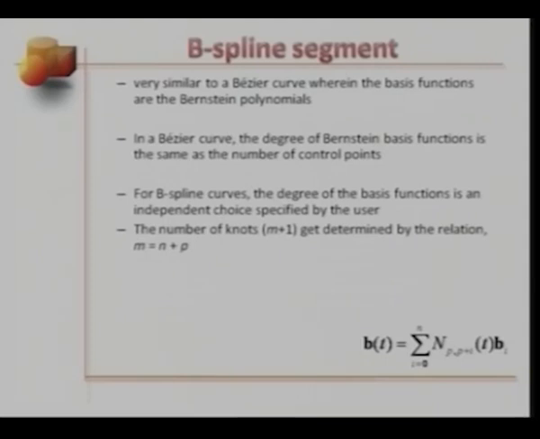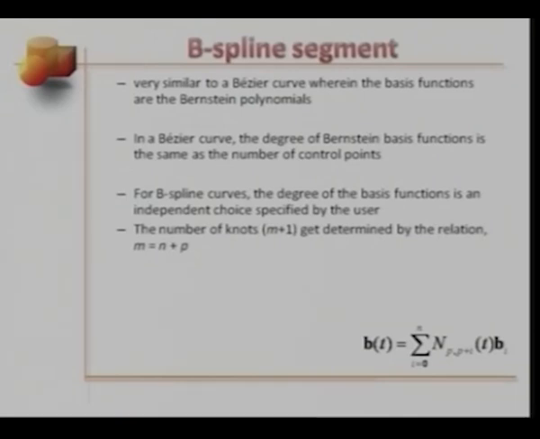The number of knots, which is m plus 1, if you recall, the knot vector goes from T0 to Tm, gets determined by the relation m equals n plus p. p is the order of the B-spline basis functions, and n plus 1 is the number of design points specified by the user.